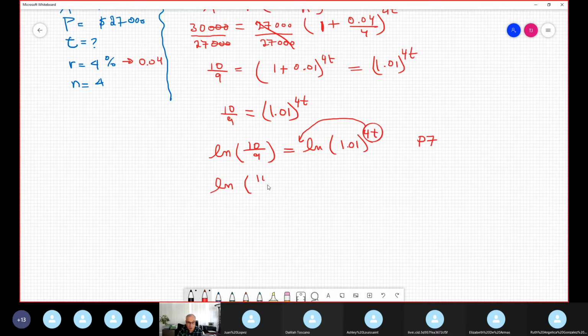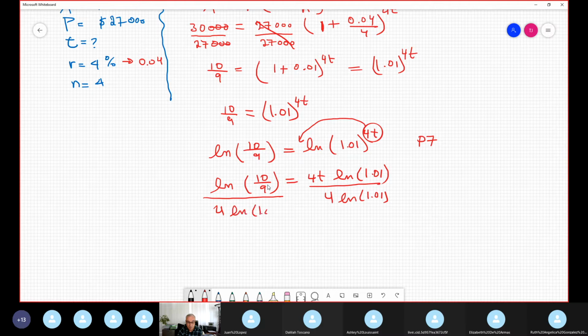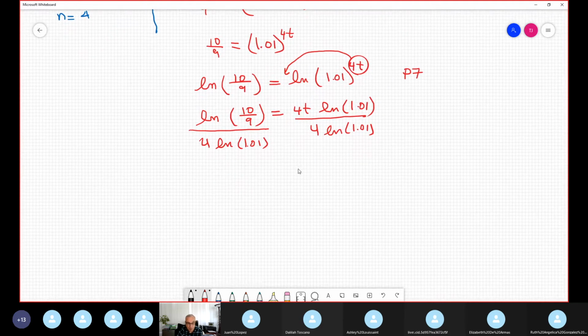So we have log of 10 over 9 equals 40 log 1.01. Finally, this equation has no logarithm anymore, and now it's a linear equation, super easy. And you divide both sides by ln 1.01, because my goal is to solve for t. So my final answer is: log of 10 over 9, divided by 4 log 1.01, is equal to t.